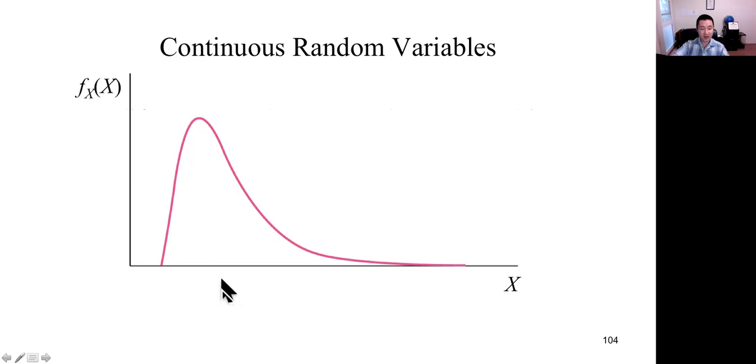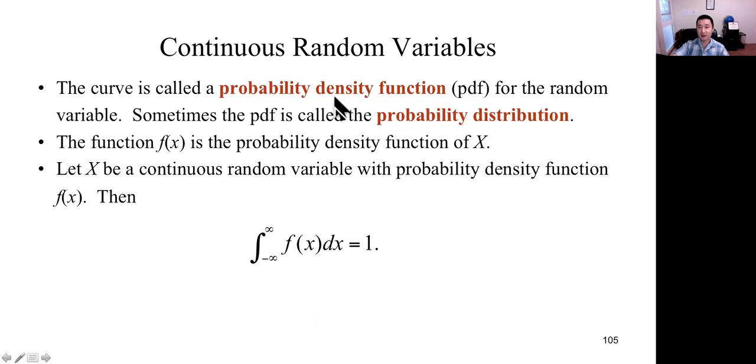And there's a name for that curve. This is called the probability density function. The curve is called the probability density function, or PDF, for the random variable. There's another name for PDF, which is probability distribution.